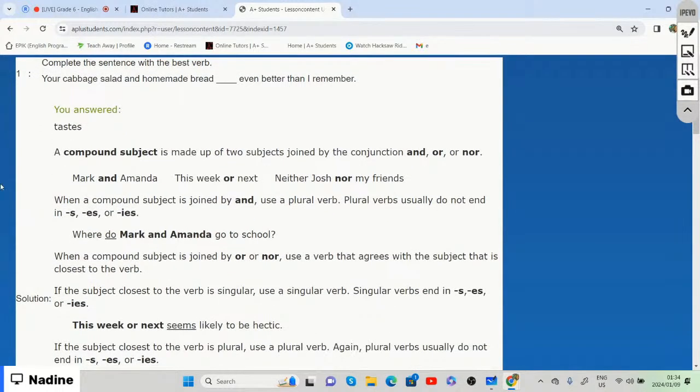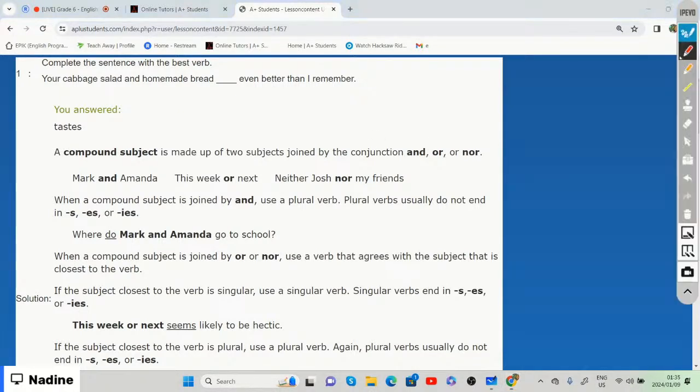All right, so now we're going to use the correct verb with a compound subject. A compound subject is made up of two subjects that are joined by a conjunction, which is and, or, nor.